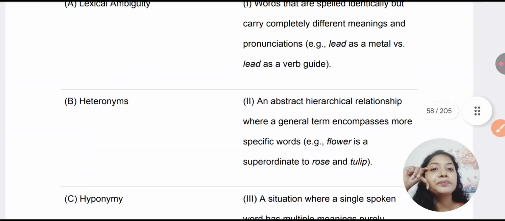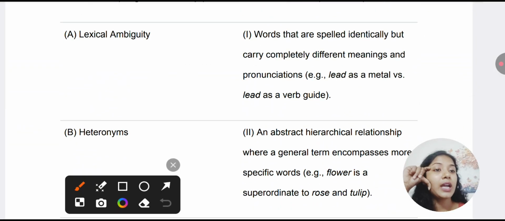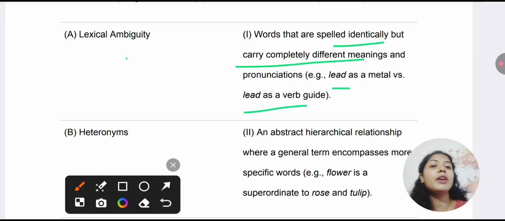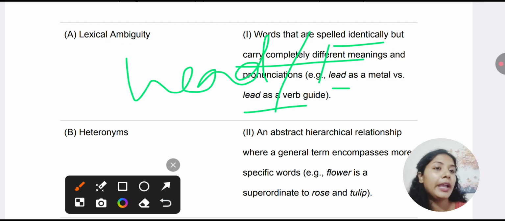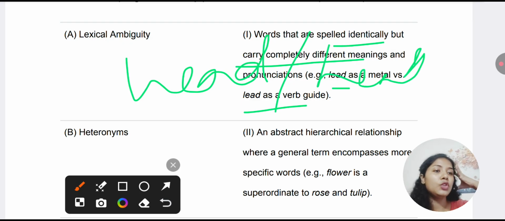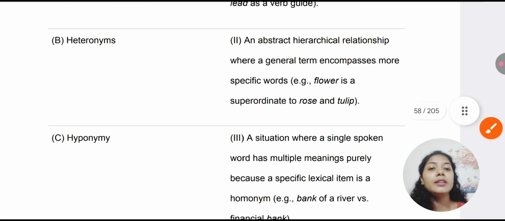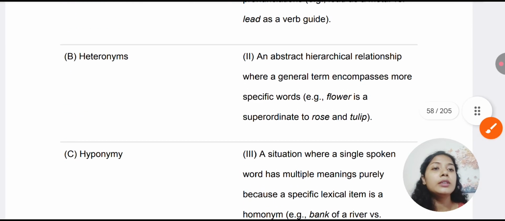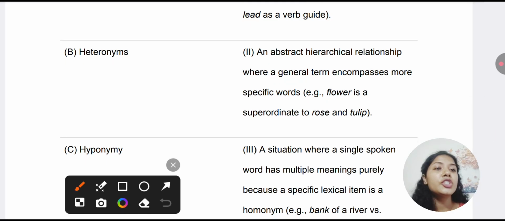Heteronyms are words that are spelled identically but carry completely different meanings and pronunciation. Lead as a metal versus lead as a verb. Just like the word head, head versus head: the human head or the head of the department. And hyponymy you can match with the second, an abstract hierarchical relationship where a general term encompasses more specific words, like flower is a superordinate to rose and tulip.